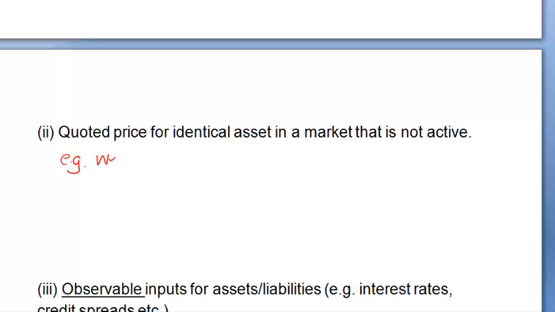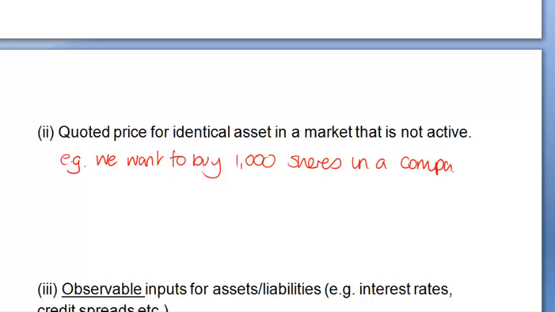E.g., we want to buy 1,000 shares in a company who is not listed on the stock exchange.